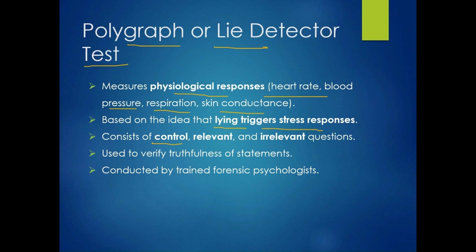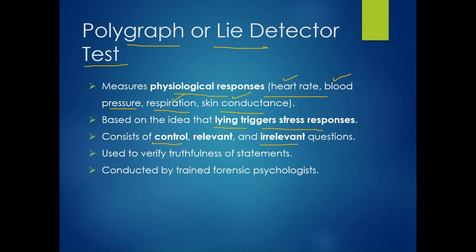Then there are irrelevant questions for baseline readings, where it doesn't matter if you lie or not, so they generally speak the truth. When they are speaking the truth, that helps to measure the baseline reading, which means the heart rate at rest, the blood pressure at rest, respiration rate at rest, or the skin conductance when the person is at rest.